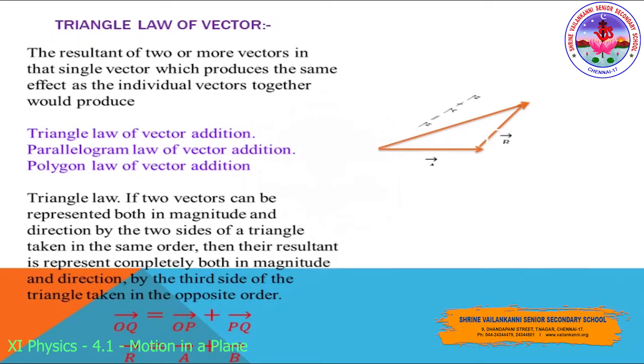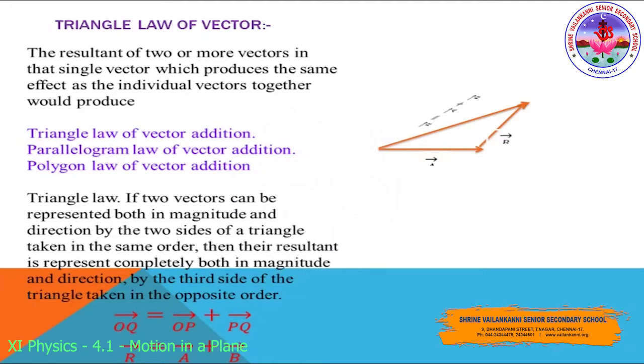The triangular law of vector addition says that if two vectors are represented both in magnitude and direction by two sides of a triangle, their resultant vector is represented completely in magnitude and direction by the third side of the triangle, taken in the opposite direction. By seeing the diagram you can understand. Suppose we wish to add A vector and B vector.